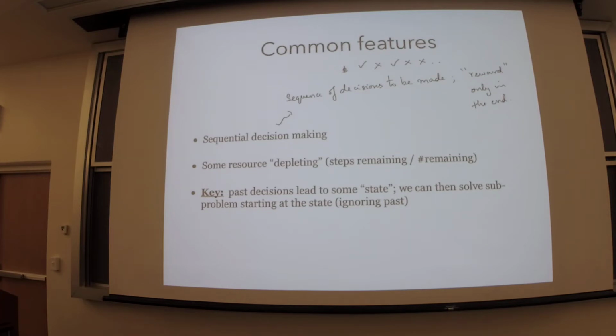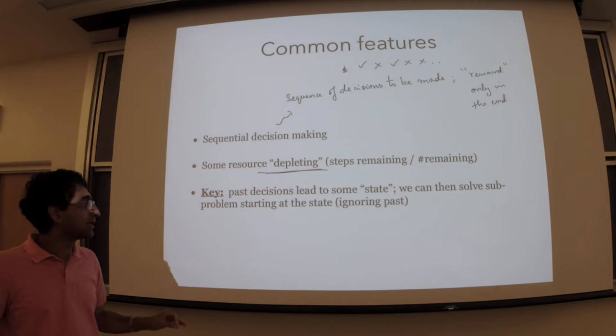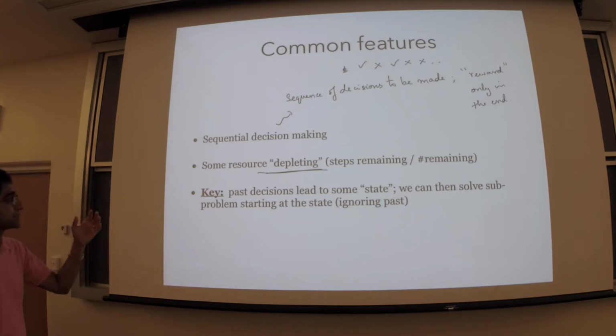And the reason we're able to solve these problems efficiently, if you think about it, is that there's some resource that's depleting. Like in the subset sum example, there was this S, the target sum, which was only reducing with time.